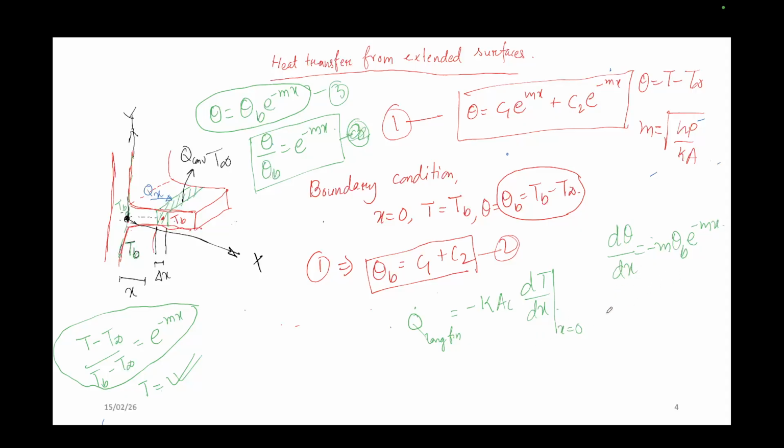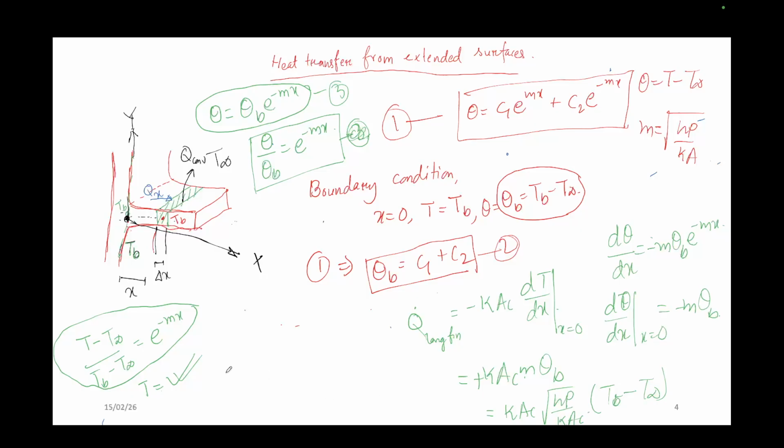So d theta by dx at x equal to 0 should be minus m theta b. So I can write minus KAC times this, m theta b. What is m? M basically was root of HP by KAC, and theta b means T b minus T infinity.